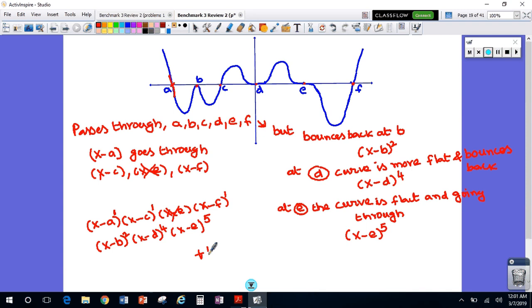So positive leading coefficient to the exponent 14. So then what happens? Both ends go up. See here? Both ends are going in the upward direction. So this is the way you find the polynomial from the given graph.